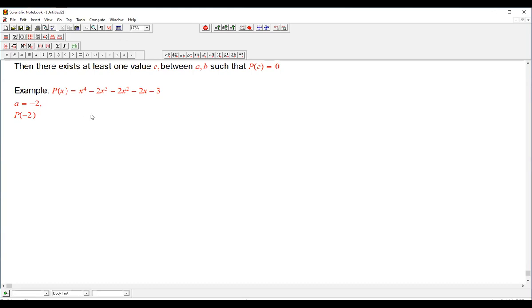And P of -2 equals, so I'm going to plug in -2 in this function. P of -2, so every x is replaced by -2.